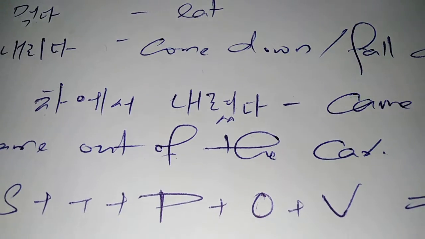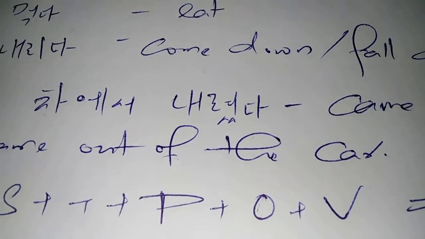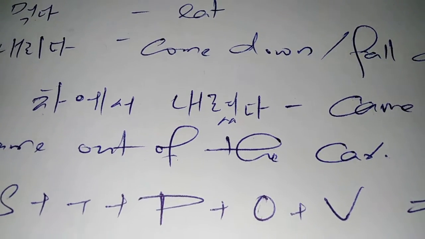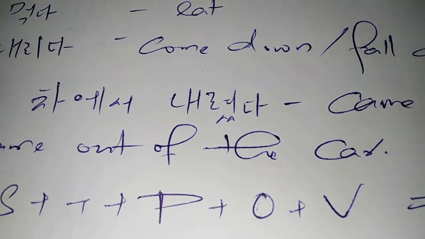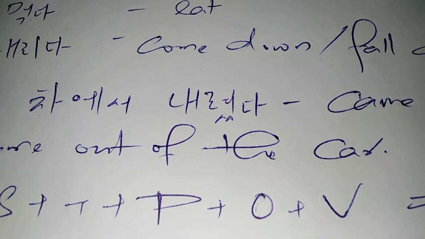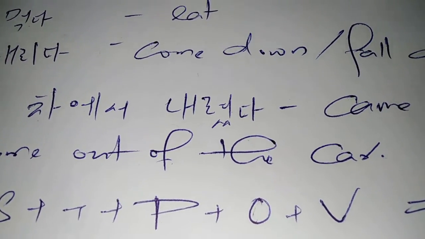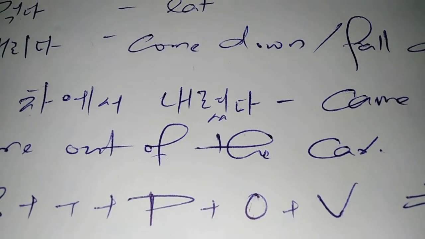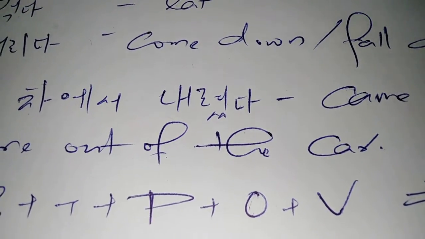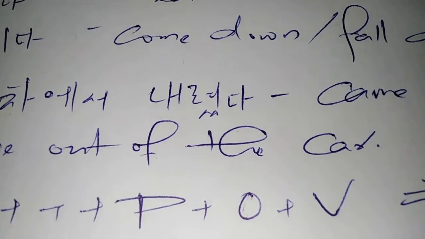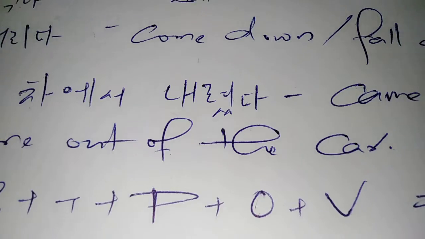So you can't say that tea came down. That would make no sense. So it is pretty clear that 차 means car here. There are a lot of words like this in Korean which mean different things but sound or are written the same. So 차에서 내렸다, came down from the car or came out of the car. So it can mean like that too.